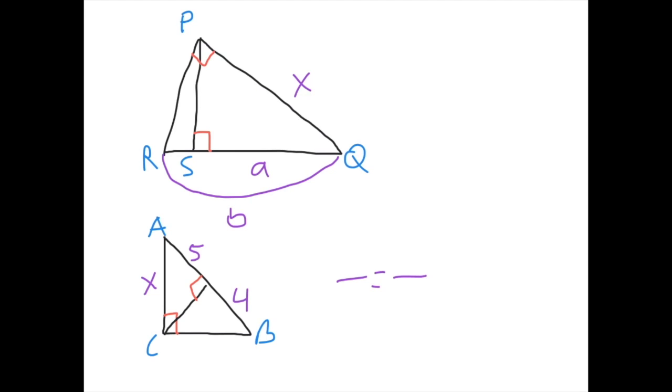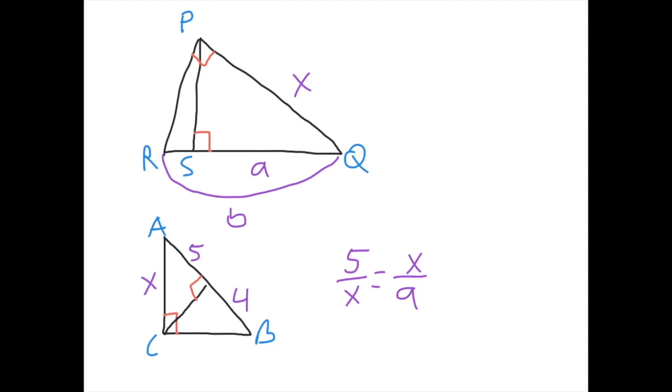The geometric mean is x, the leg. One of the extremes is the part of the hypotenuse that connects to the leg. That in this case would be 5. And the other extreme is the entire hypotenuse. That's this whole length here, which would be 5 plus 4, which is 9.